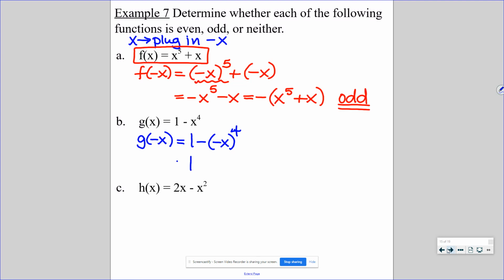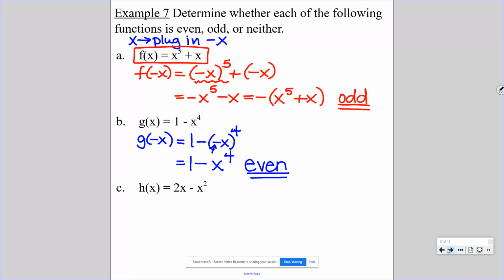A negative number raised to the 4th power would become positive. So this negative would go away, and I would be left with 1 minus x to the 4th, which is the exact same thing that I started with. So this would have to be an even function because the signs did not change.